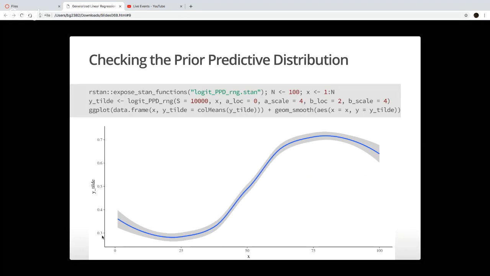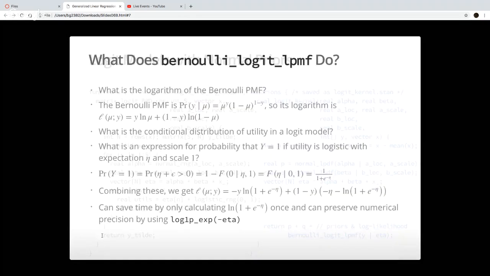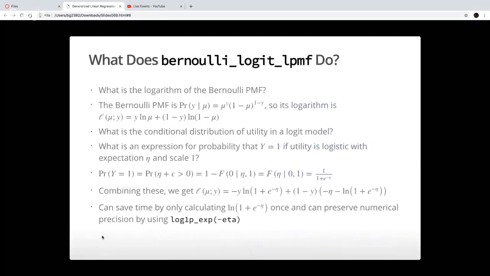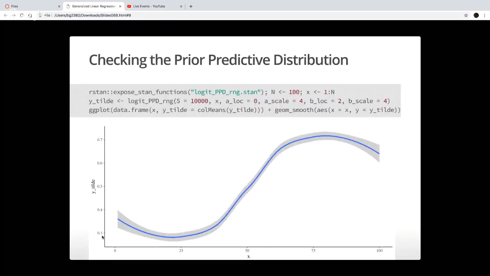So this is what Patrick was saying, an example of how you can check to make sure that what you think you put in is reasonable actually implies reasonable predictions for the observable phenomenon that you're just about to collect data on, condition on, and use the blue version of this to update your beliefs about the intercept and the slope in this logit model. Questions about that?